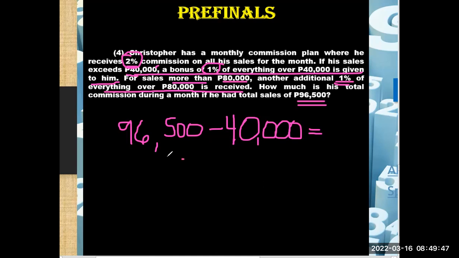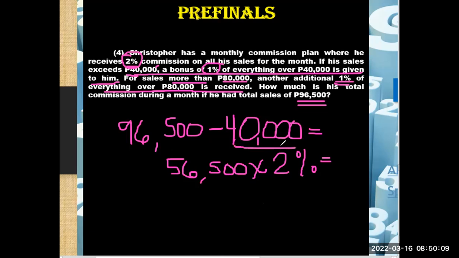We have 56,500 and multiply natin ito by 2%. Yan, kasi nag-above eh. Sabi, above, exceeds. Ito, exceeds. 2%. Marami tayong computation dito. Times 0.02. So, 1,130. Ayan, una yan.